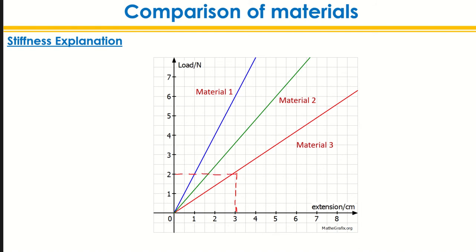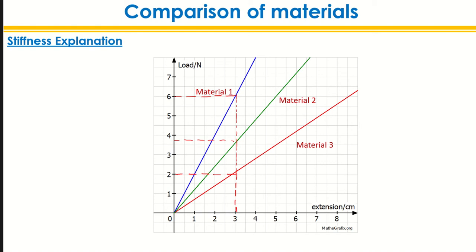In order to produce the same change in material number 2, it needs a higher force, and for the same change in material number 1, it needs an even higher value of the force. It means material number 1, whose stiffness is the largest, needs the largest force among these three materials for the deformation.